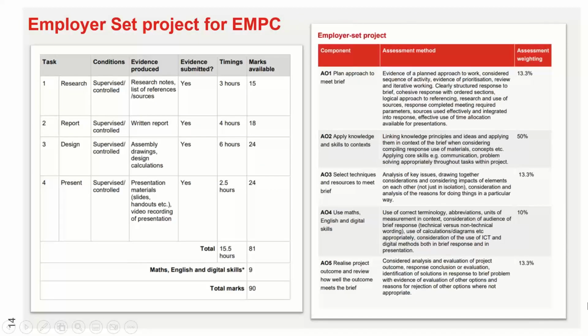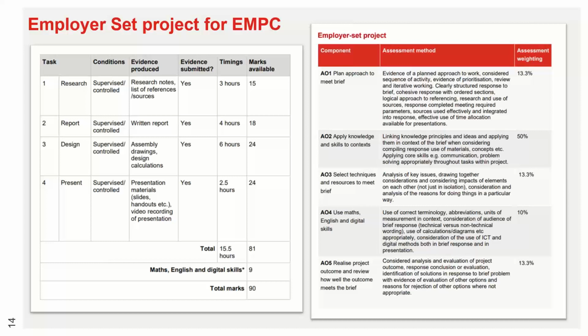We've already looked at that before, so I'm not going to go into that again because this is the ESP only. If I can draw your attention to the assessment objectives on the right of the slide. You can see there are 5 assessment objectives shown in the table, and these provide an explanation of each assessment objective, or AO.